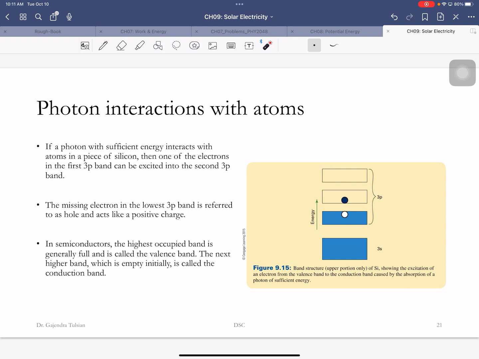Can they go multiple levels? Yeah, they jump depending on what energy you gave. You hit it with a hammer hard enough, it'll jump over there. Can a photon that was released cause another interaction? Yeah, it can. So in silicon panels, half the energy is not utilized because it's not enough energy to cross this band gap.